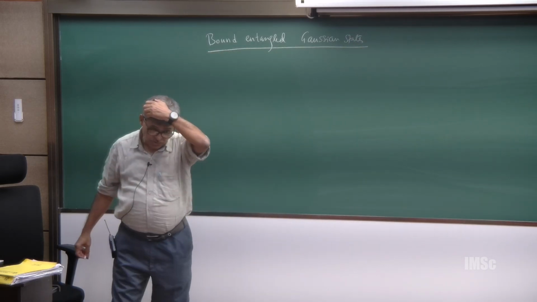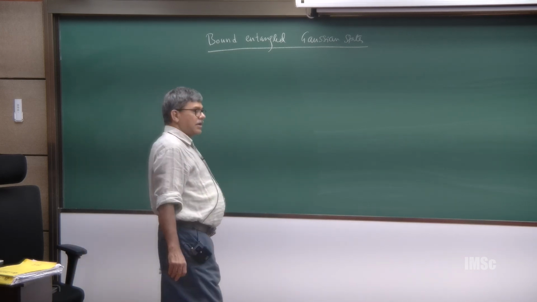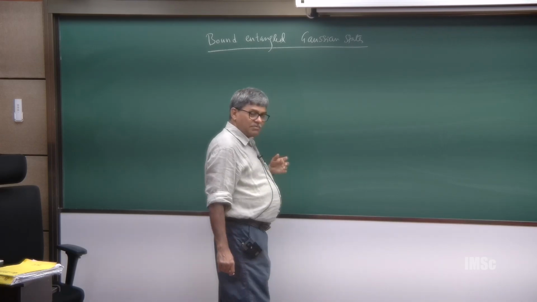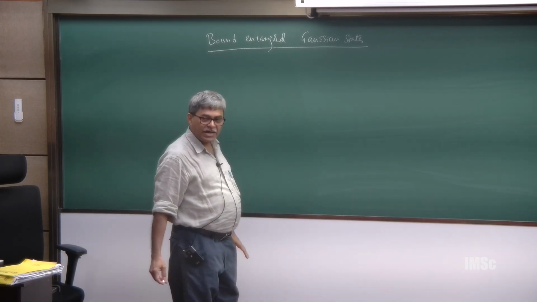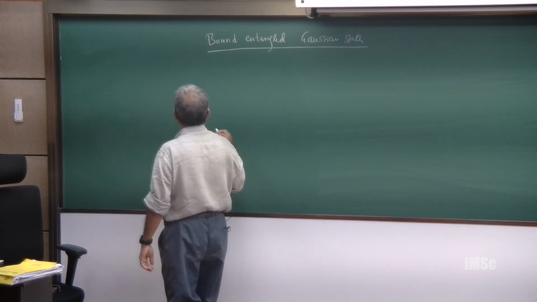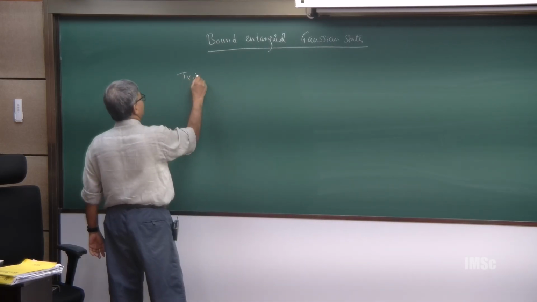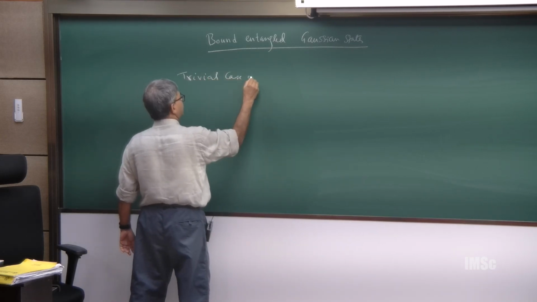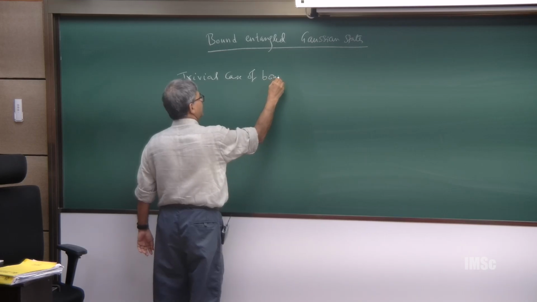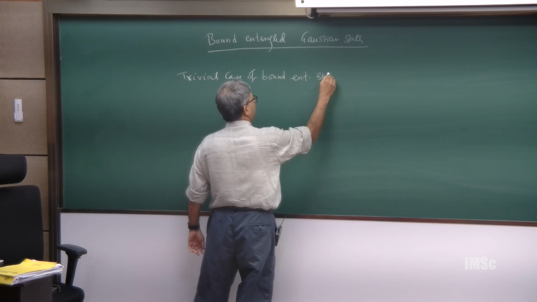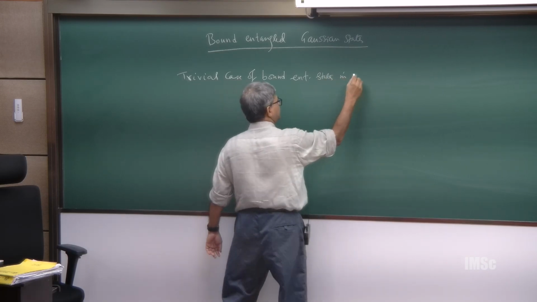So, before going into the details of this, let me give you some trivial example of bound entangled states in infinite dimension. Okay. So, this is a trivial case of bound entangled states in infinite dimension.